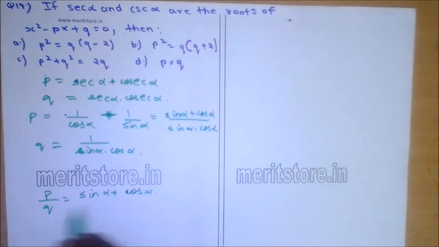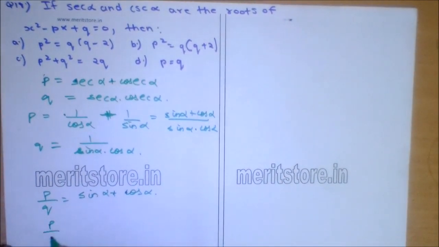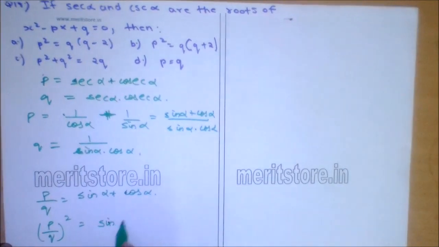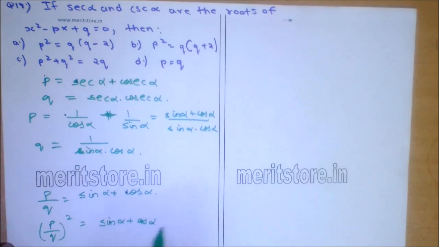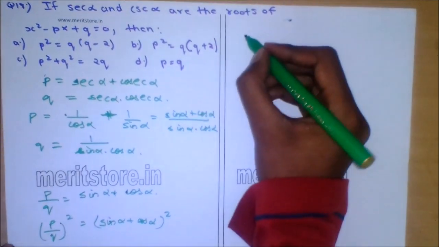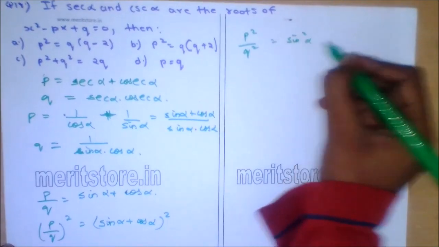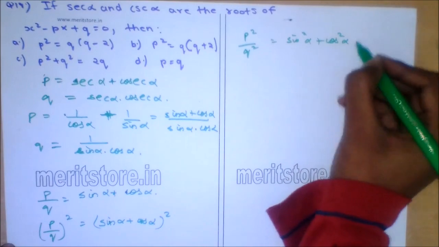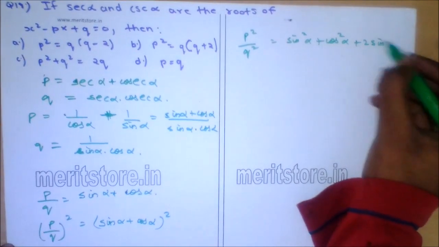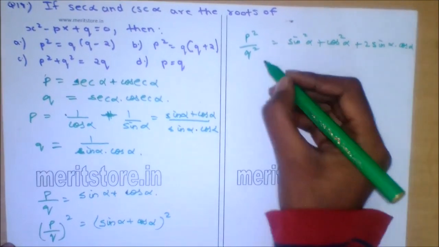Now we square both the sides, so we get p by q the whole square is sin alpha plus cos alpha the whole square. Expanding the brackets, we get p square by q square equals sin square alpha plus cos square alpha plus 2 sin alpha cos alpha.